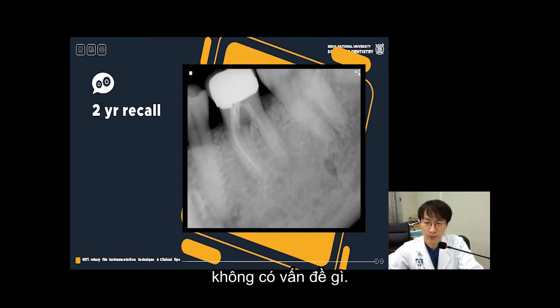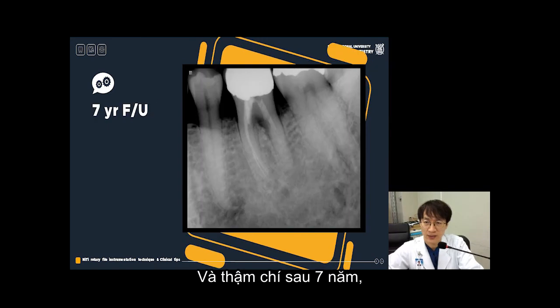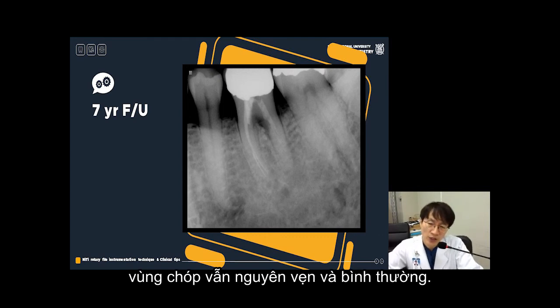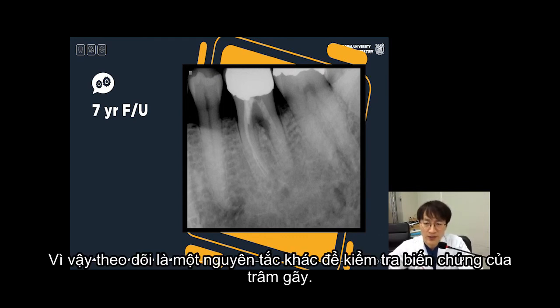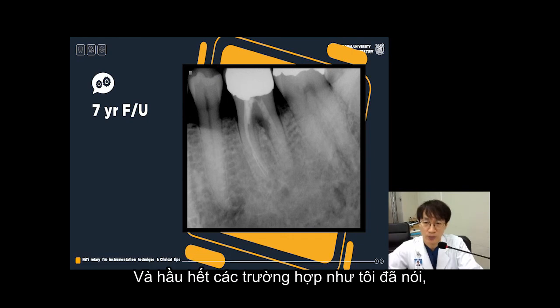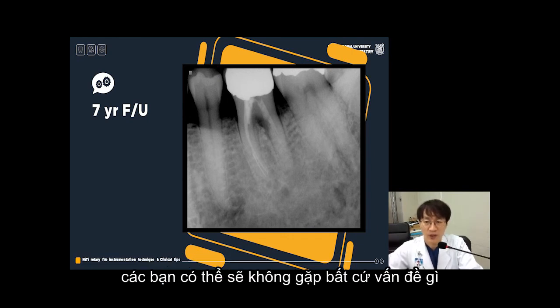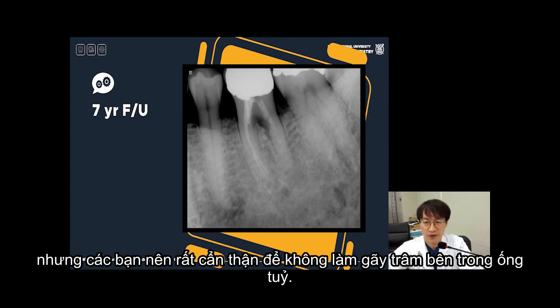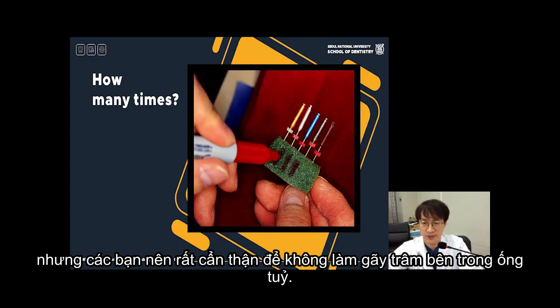There was no problem, and then even 7 years. So apical area is still intact and sound and normal. So the follow up is another rule to check the sequel of the separated file. And then most of the time, like I told you, you're gonna have no problem, but you should be very careful not to separate the file inside the root canal.